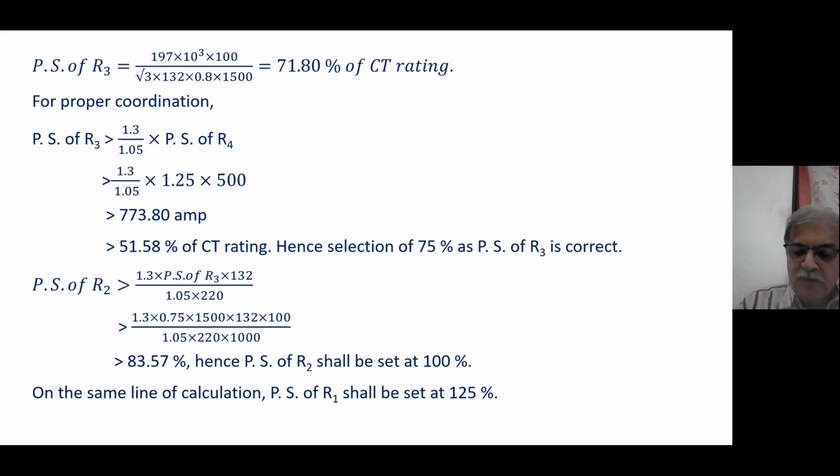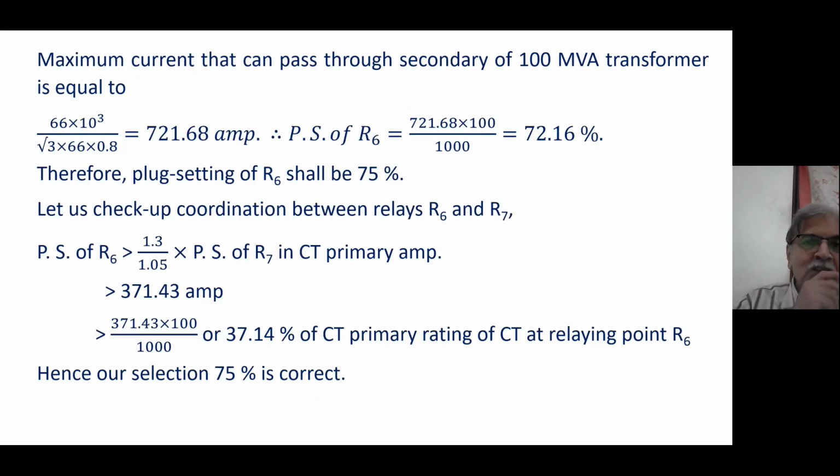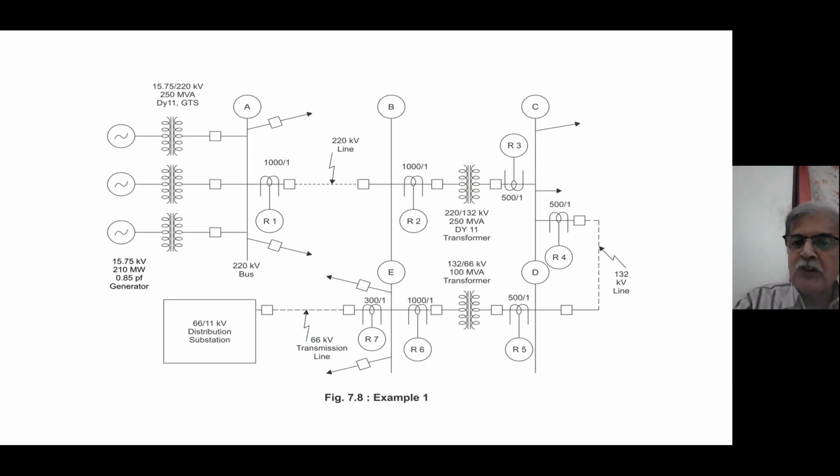Next thing what I should do, obviously, as I told to you, R4 must reach bus E. Now, what is my setting of R4? Let me check up. My setting of R4 is 125%, means for 500 ampere, 125% means it is 625 ampere in primary terms.